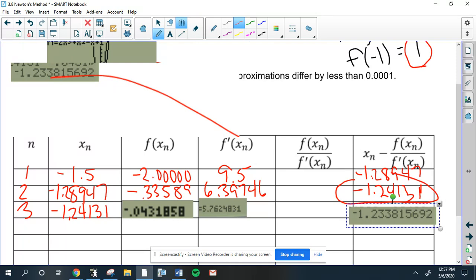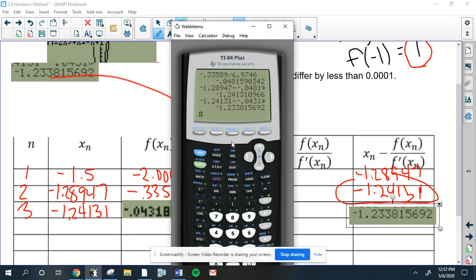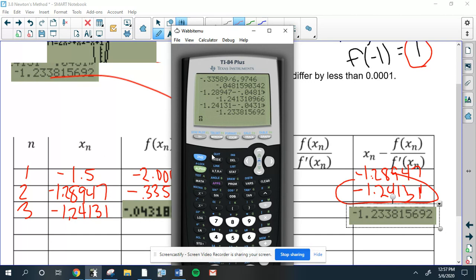They're getting closer, and they're going to start to get closer a lot quicker. The answer to this question is going to be negative 1.2337-ish, I believe.